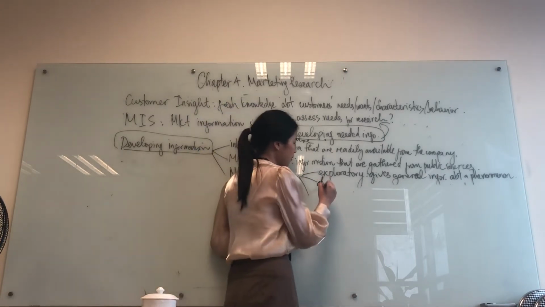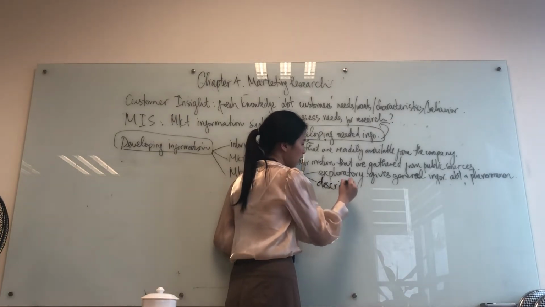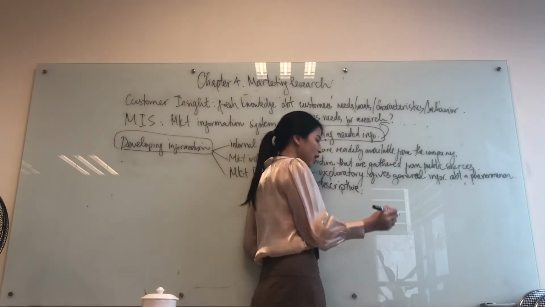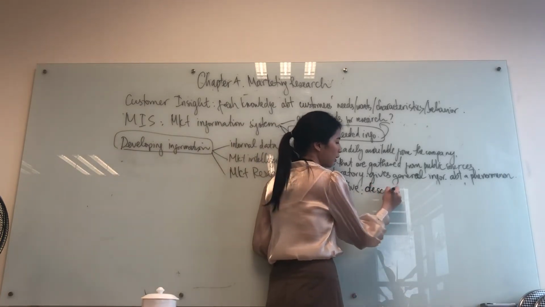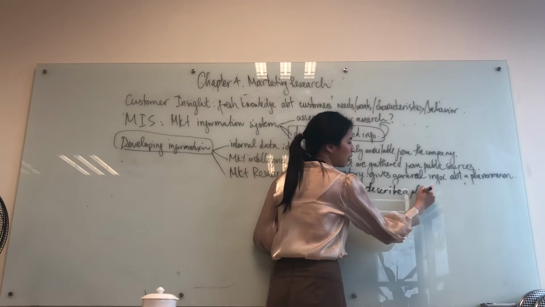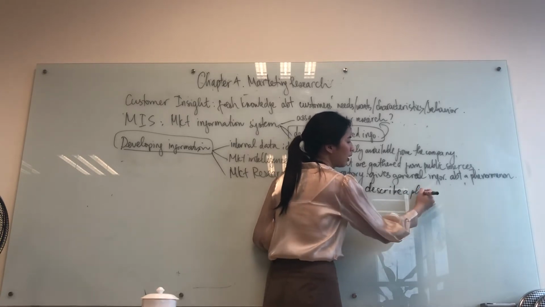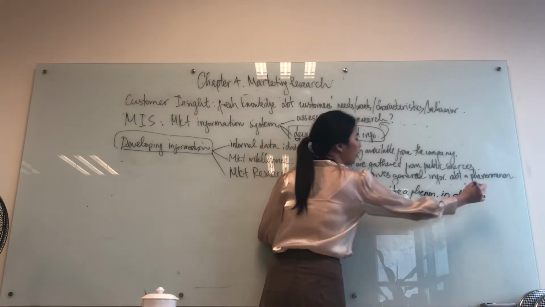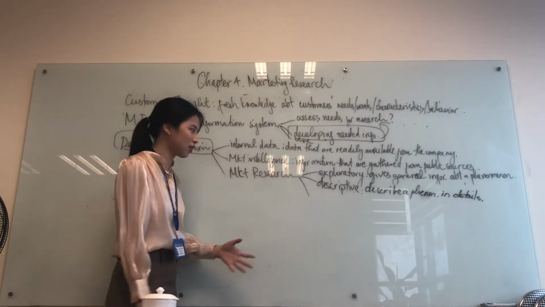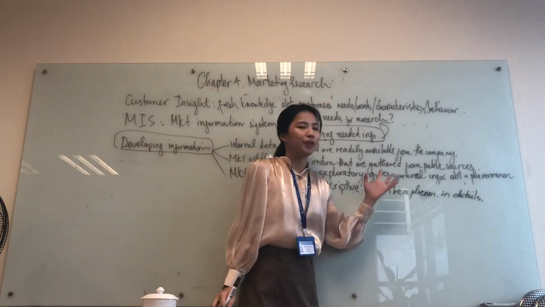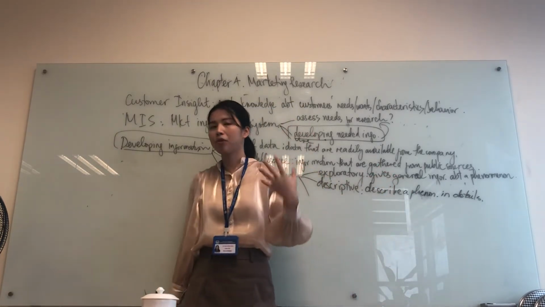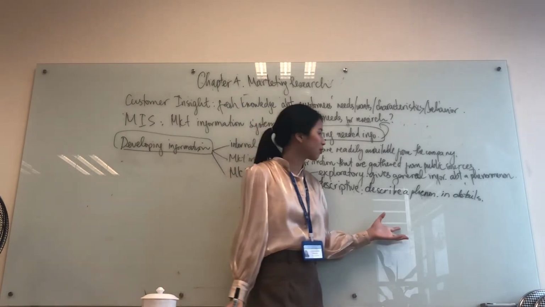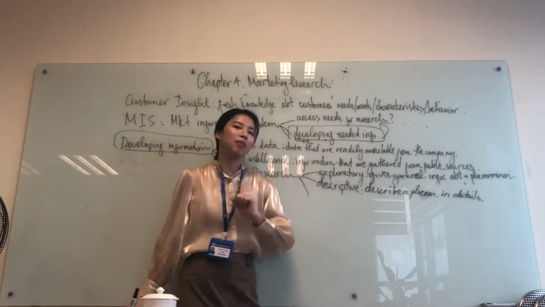Phase 2 we call descriptive research. Descriptive research, as the name may suggest, you use to describe a phenomenon in details. Suppose I now understand about beer's perception, brand's perception, and what beer means to Vietnamese drinkers.